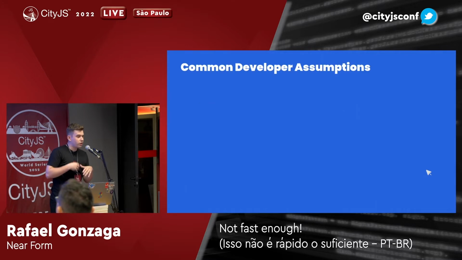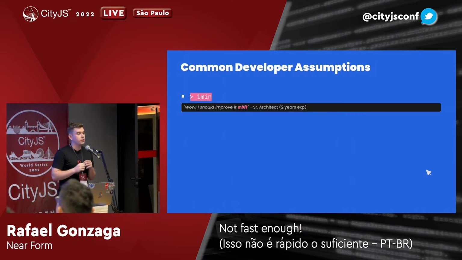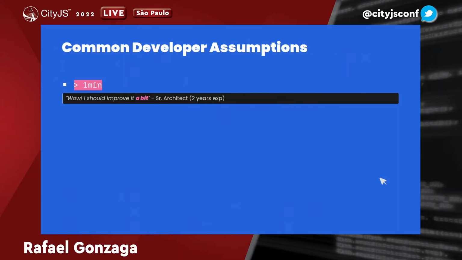Before understanding why performance matters, let's take a look at some common assumptions from developers, okay? The first one: when your response time is above 1 minute, usually the developer with 2 years of experience, the architect, the senior architect will say, "Whoa, this is slow, I need to improve it a bit."